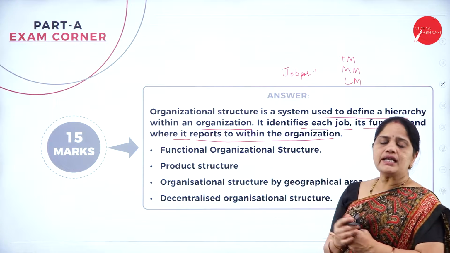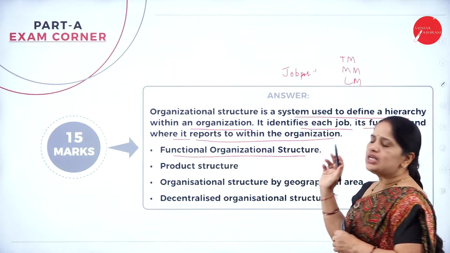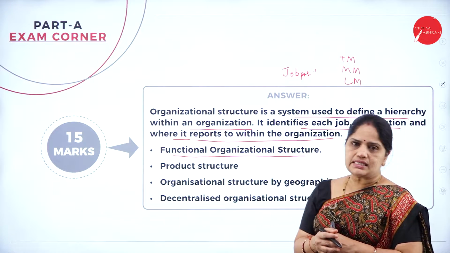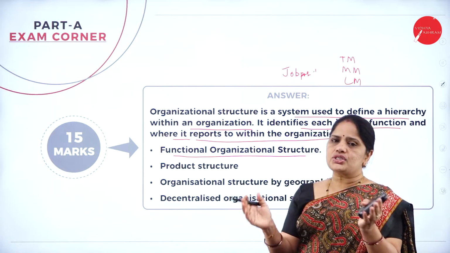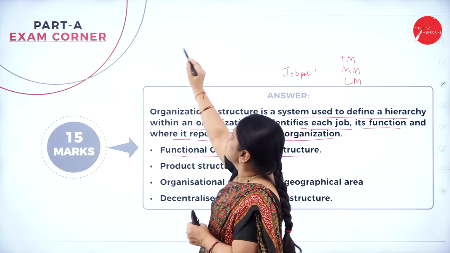Now the different types of organizational structure. The first one is the functional organization structure. Now what is a functional organization structure? It is a structure based on the functions. So we have a division of the functions in the organization.